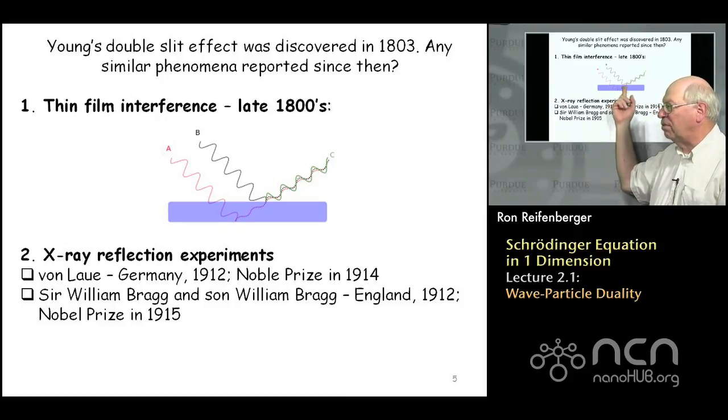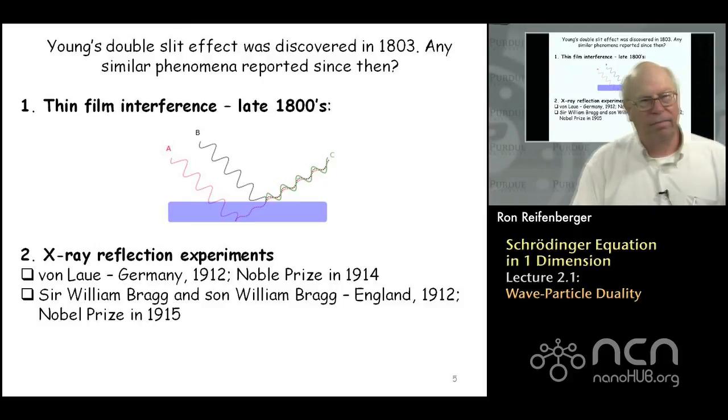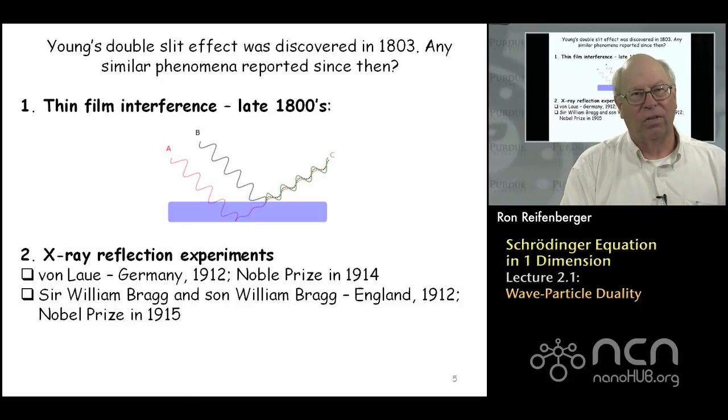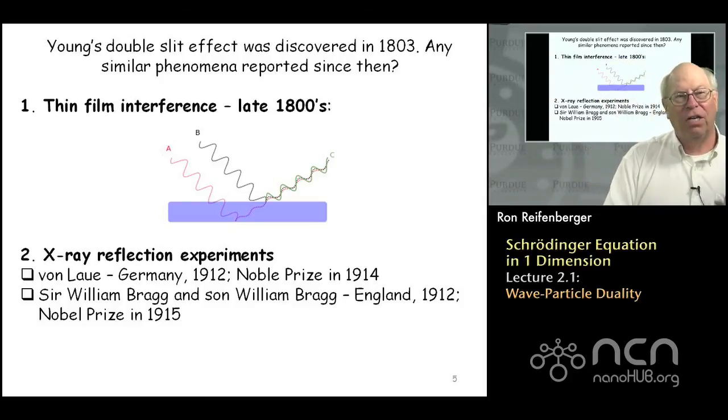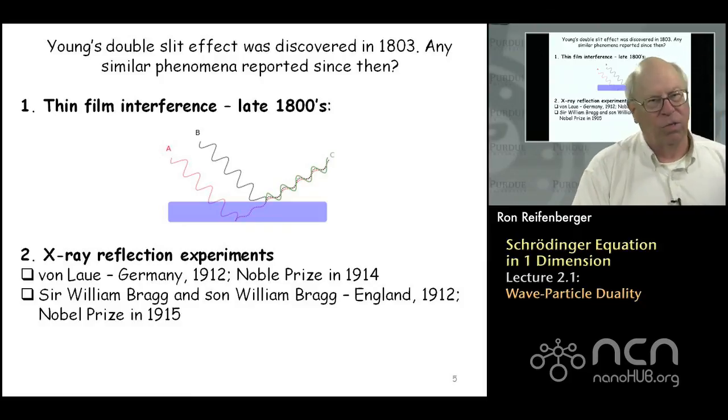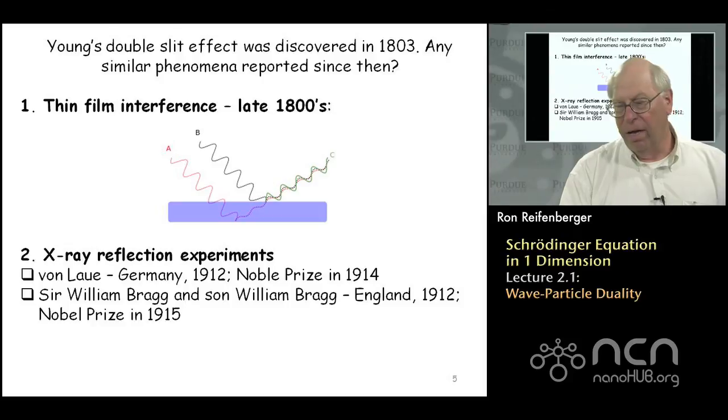If these two rays of light then constructively interfere after reflection, then you would observe a very bright condition for light reflected at that particular angle from the film. So this thin film interference effect was fashionable in the late 1800s, and it also supported the fact that light behaves as a wave. A completely new set of experiments was performed in the 1910 to 1915 time frame.